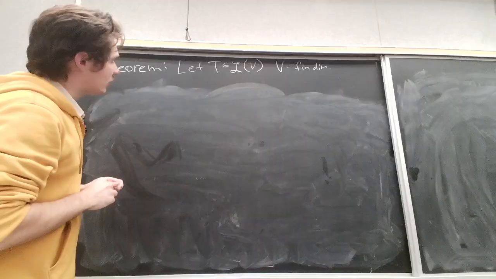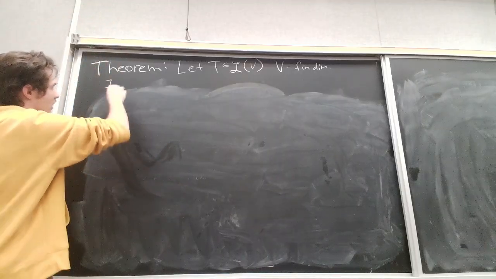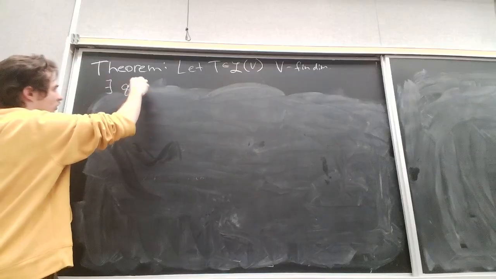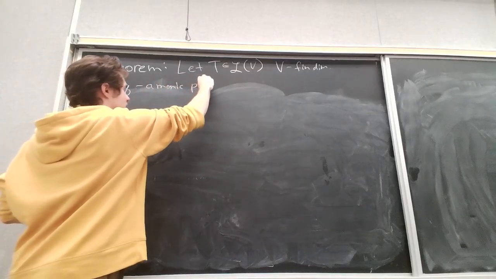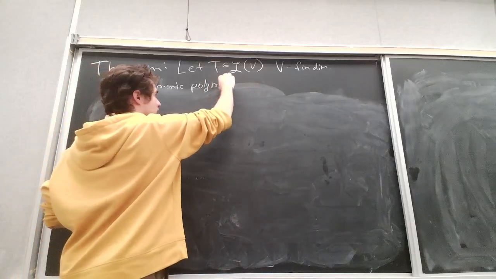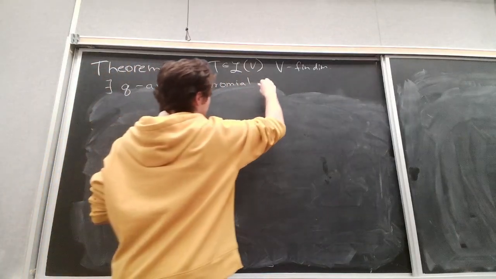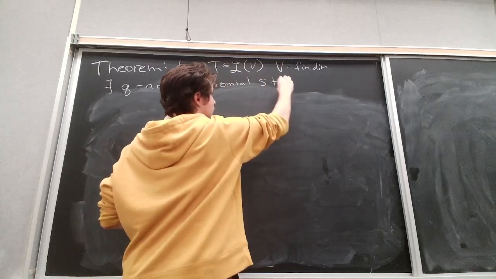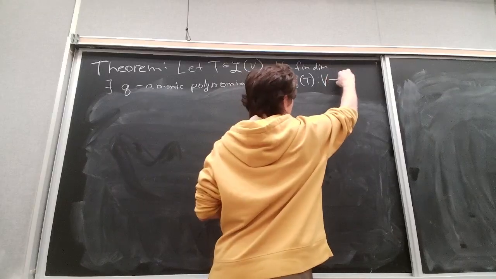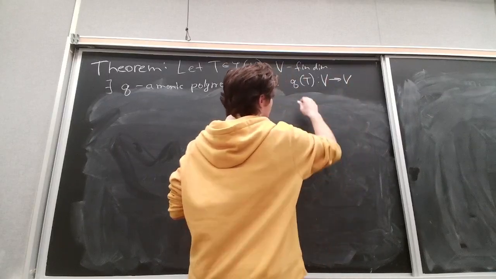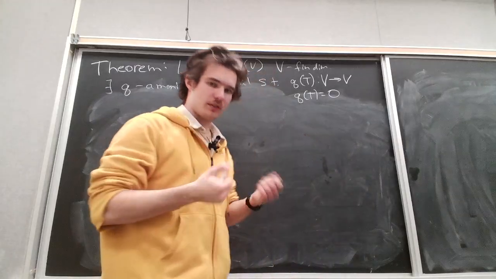The statement is that there exists Q, a monic polynomial, such that Q of T from V to V is 0. So it's some operator that's 0 on the vector space.